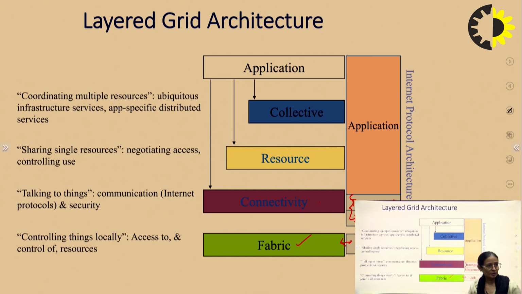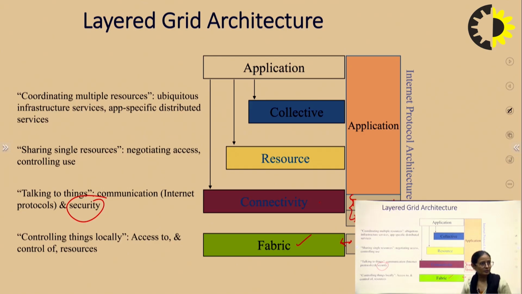For communication, we use internet protocols, and the security part is also handled in the connectivity layer. The resource layer is responsible for sharing single resources, that is, how we negotiate access and control usage, and all these parameters are handled here.